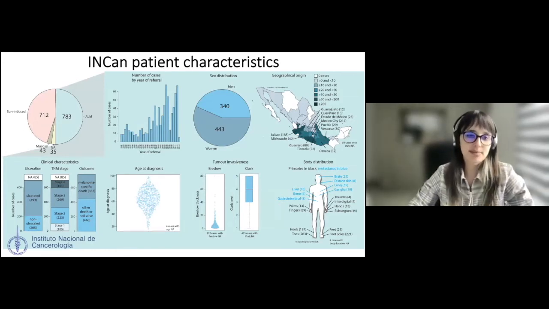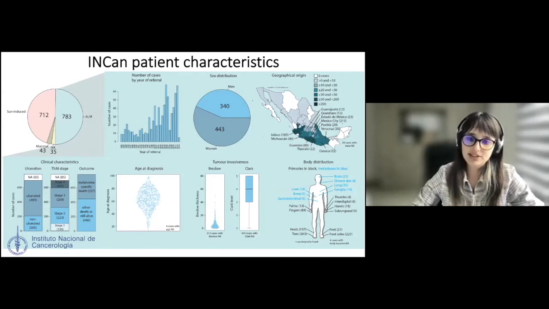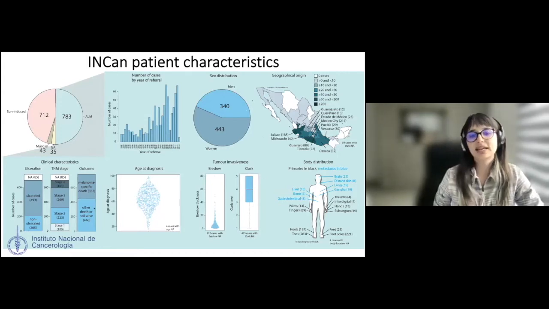As you saw from the map, of all the melanoma diagnoses, about half of them are for this subtype, acral. There's slightly more women than men being diagnosed. Most of the patients come from the south of the country, the southern states, as you can see in this map. That just may be because Mexico City is here and it's just closer to these places. Also, we see that the patients arrive when their tumor is already advanced.